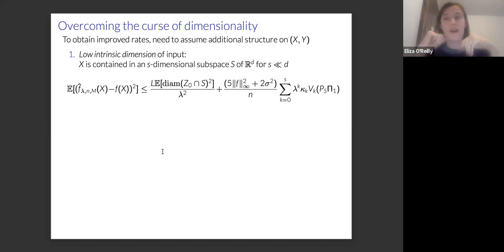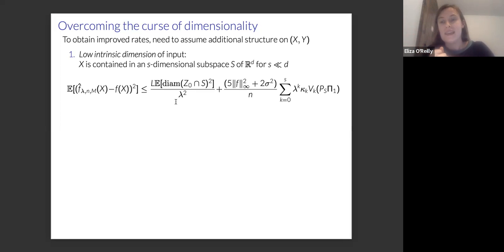And so you can very immediately write down an upper bound when you make this assumption, where the bias now just depends on the diameter of the zero cell intersected with the subspace, because you're really just looking at the diameter of the input data in that cell.